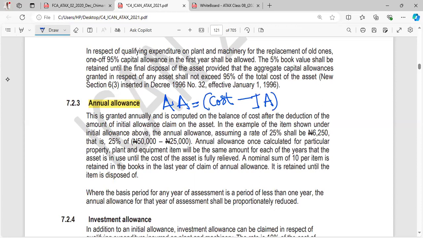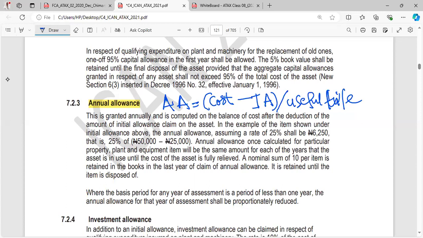So annual allowance is now claimed over the useful life of assets. So initial allowance doesn't look at the useful life, but annual allowance is the remainder after initial allowance has been claimed and is spread over the useful life.